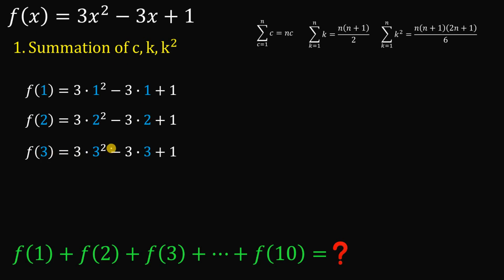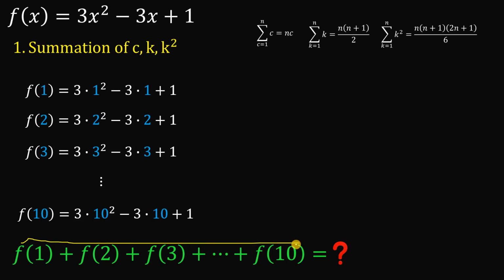We get f of 3 equals 3 times 3 squared minus 3 times 3 plus 1. All the way down to, let's replace all of this x with 10. So, we have f of 10 equals 3 times 10 squared minus 3 times 10 plus 1. And the goal is to add all of these functions. So, we have f of 1 plus f of 2 plus f of 3 plus f of 4 all the way down to f of 10.